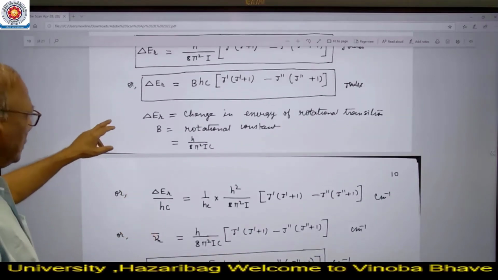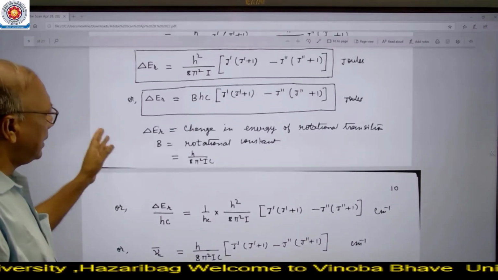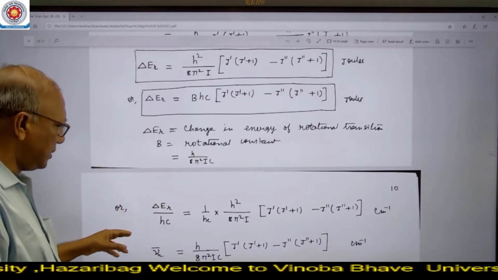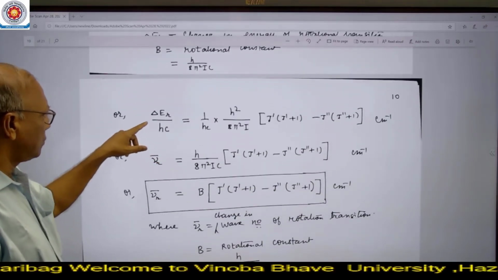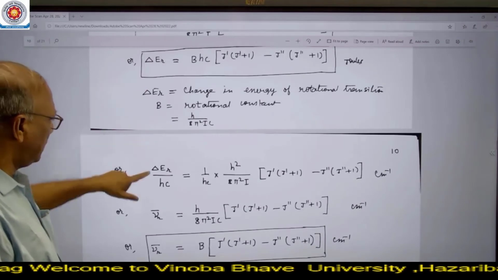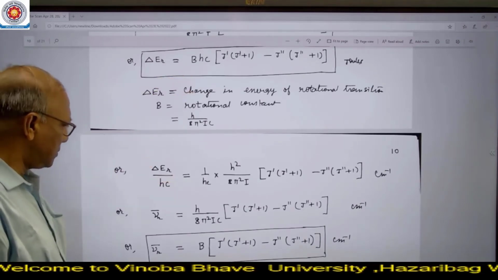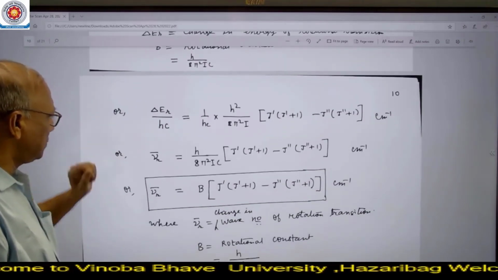For this we divide the left hand side and right hand side, both sides of the expression, by hc, and this is equal to nu bar.